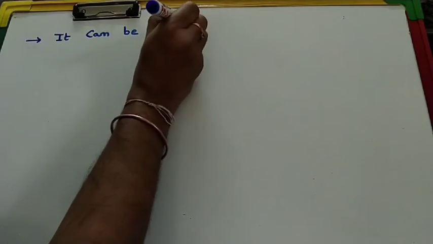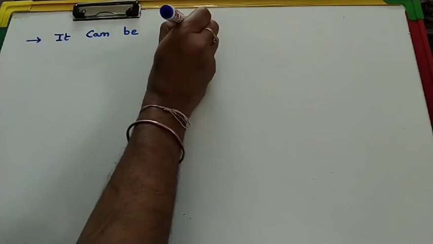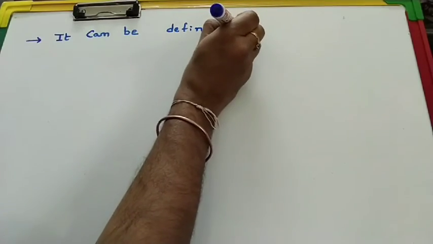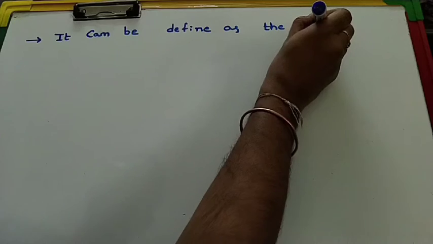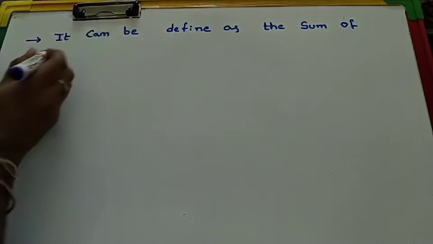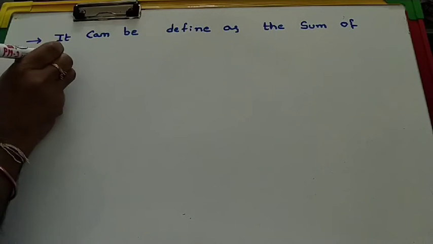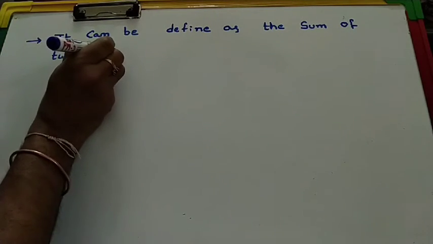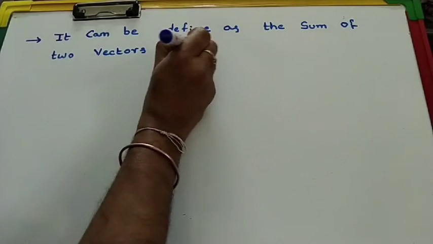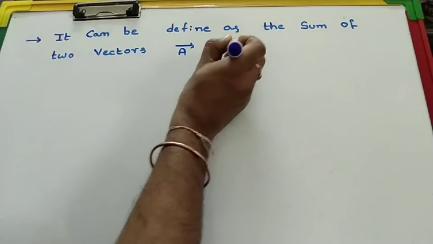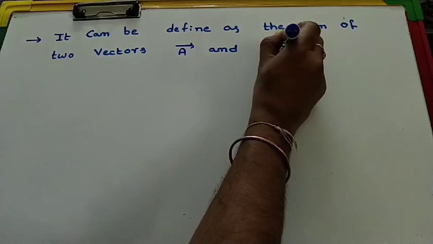It can be defined as the sum of two vectors, A vector and minus B vector.